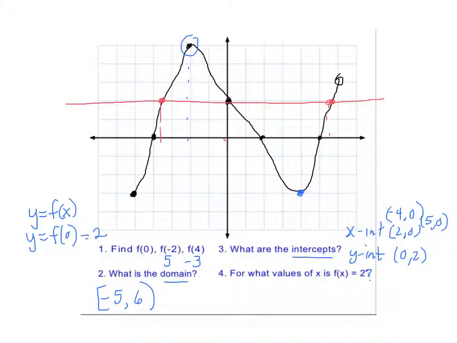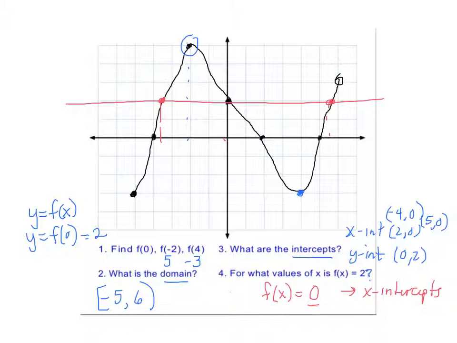Another way you could say that is where is f of x equal to 0? And once again, that's just another way of saying where are the x-intercepts? F of x equals 0.